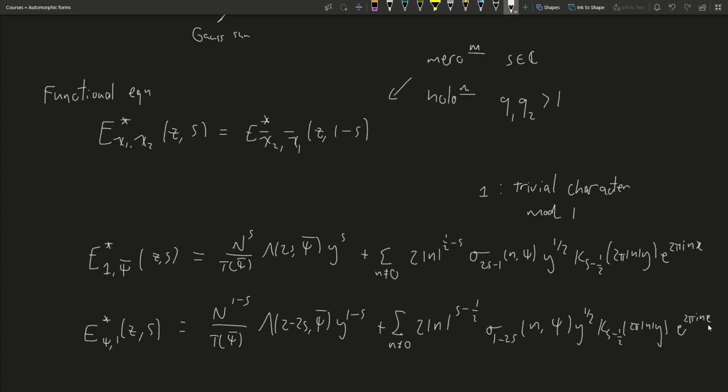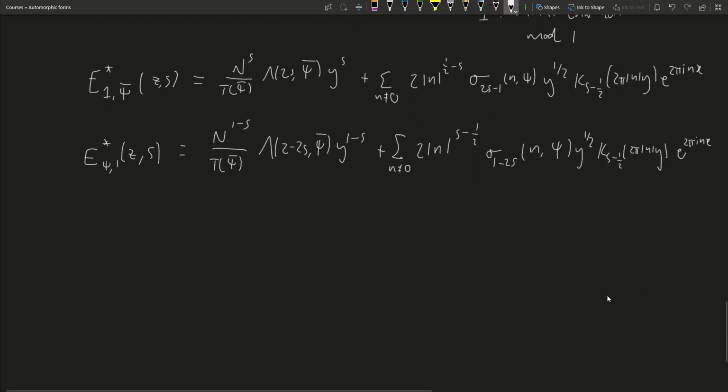Okay, and the pieces in this, here I'm defining sigma sub s of n chi. This is the sum of divisors function. This is the sum over d dividing n, and it's always going to be over the positive divisors.